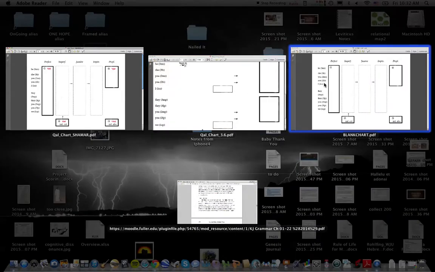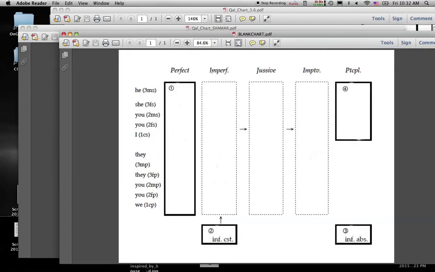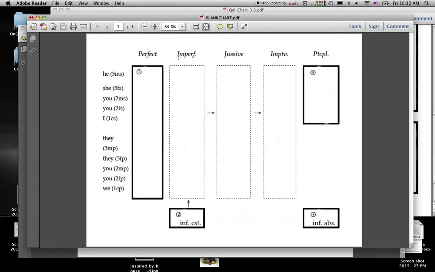Then for the blank chart, I'd like you to take a verb. I may have assigned one to you, but I'm pretty sure we didn't get that far, so let's take a verb from this week. We have some new verbs this week, which might help us a little. Let's take the first verb you have, zachar.